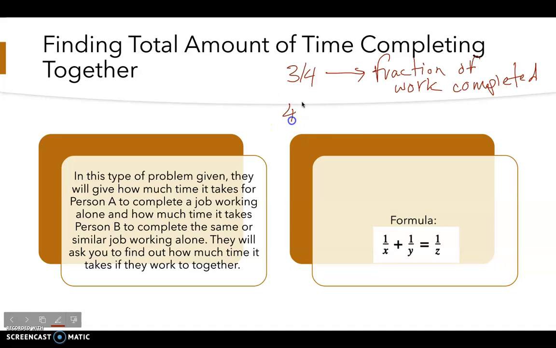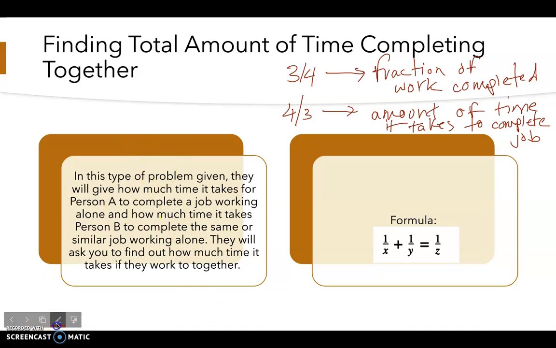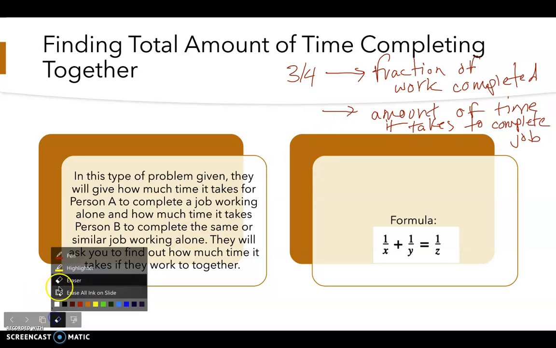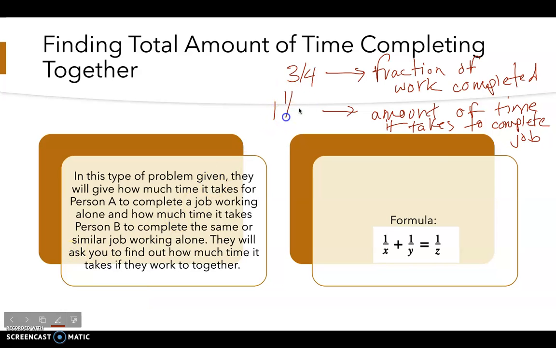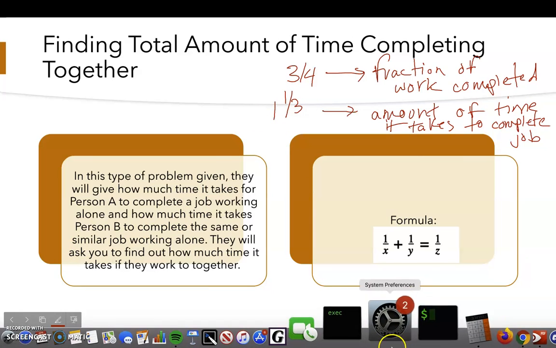Then 4/3 is the amount of time it takes to complete the job. You don't want to leave this as an improper fraction, so this would be 1 1/3. So 1 1/3 hours is how long they will take to complete it together.